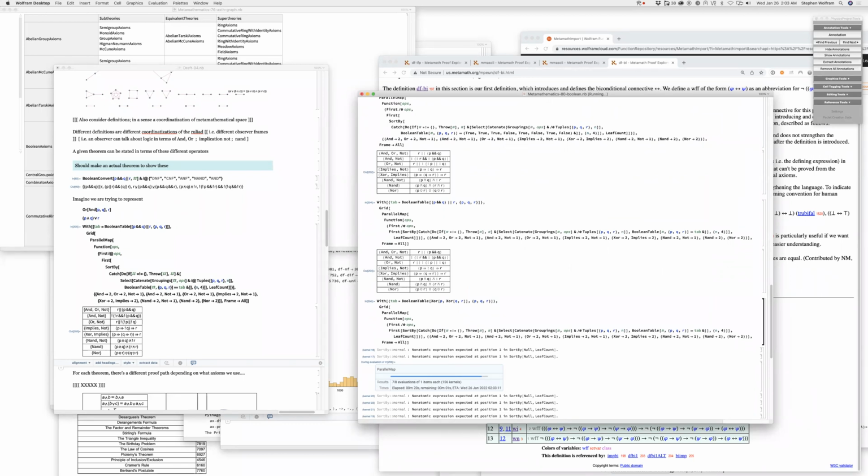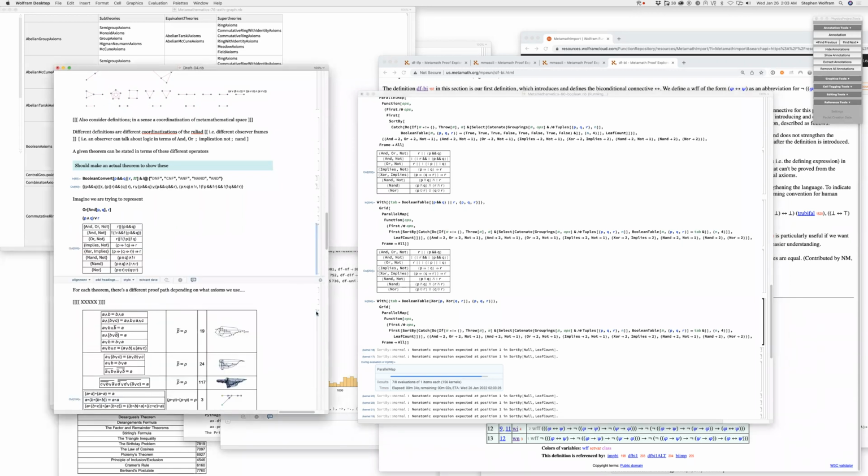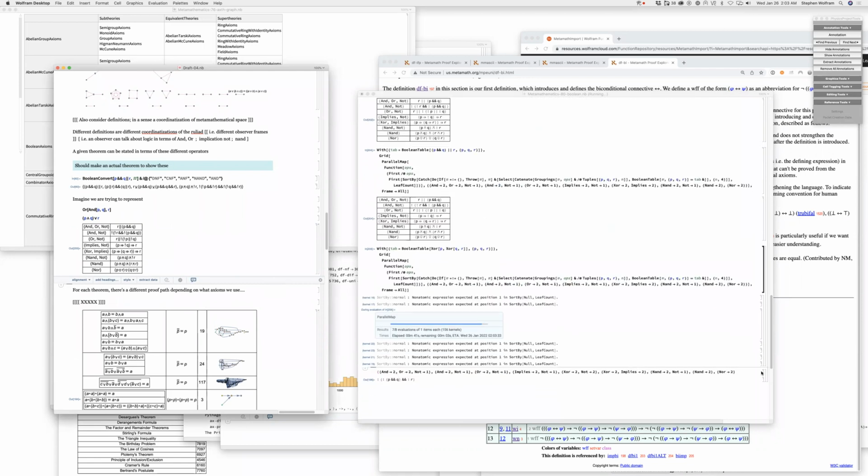Why is it saying null? Well, I think we should do the XOR case because this is a case where things will get considerably more complicated.